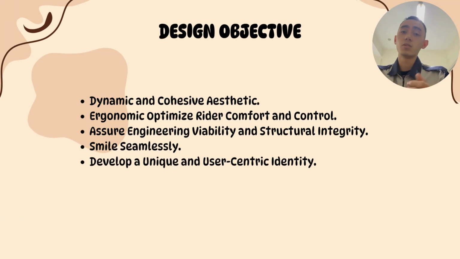Show the design objective. First, dynamic and aesthetic. It means creating a design that looks great and clearly shows the motorcycle's personality, whether it's a sporty bike or a rugged explorer. Next, ergonomic, to optimize ride comfort and control.